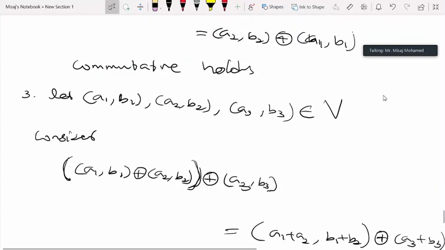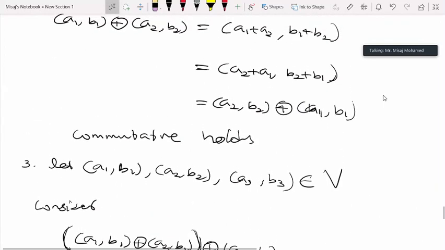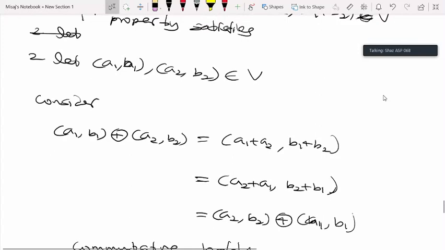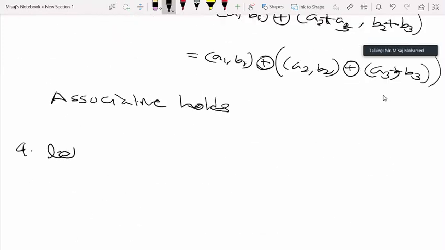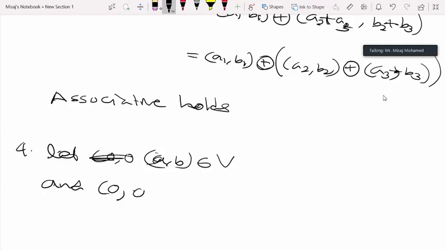What do we add so that we get the same element? The two-dimensional zero vector. Zero vector is (0, 0). Let (a, b) be any element in V and (0, 0) is the zero vector.